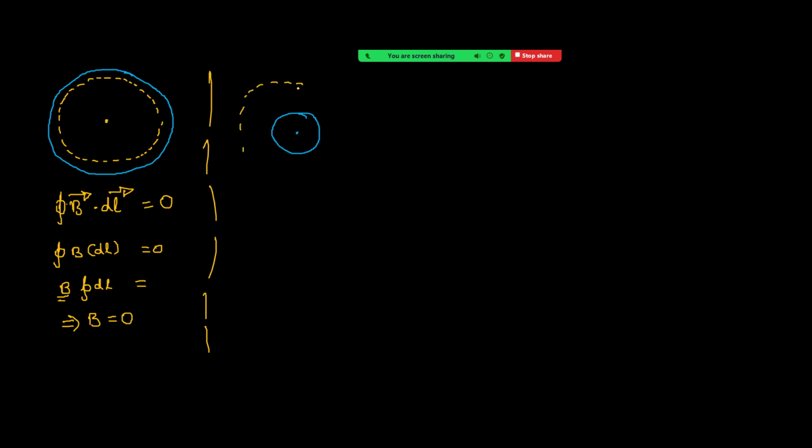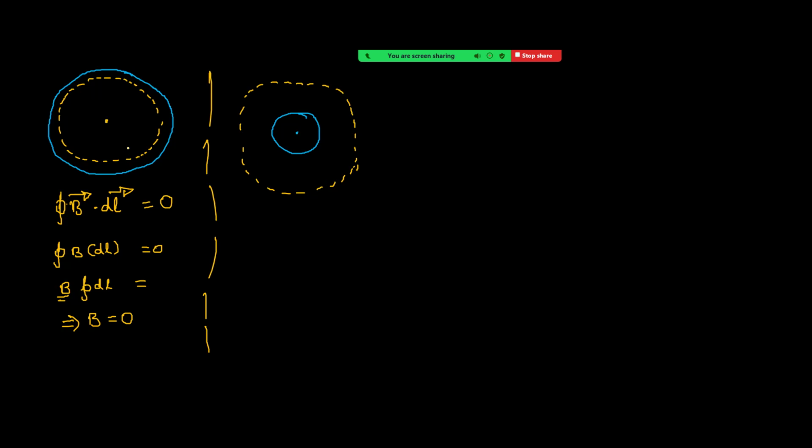This is the loop. If you remember, while discussing Gauss law, we discussed a spherical conducting shell where the charge is distributed only on the surface: the field inside is 0, and outside it is the same as due to a point charge.